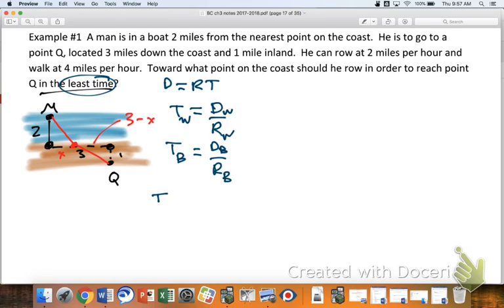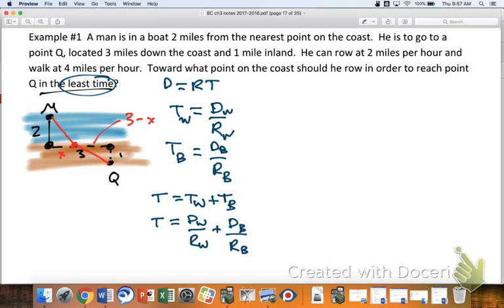So I'm going to say overall time equals time in the water plus time on the beach. Make sense? And then I can say overall time equals distance in the water over rate in the water plus distance on the beach divided by rate on the beach. Or beach, sorry. He's on the beach.